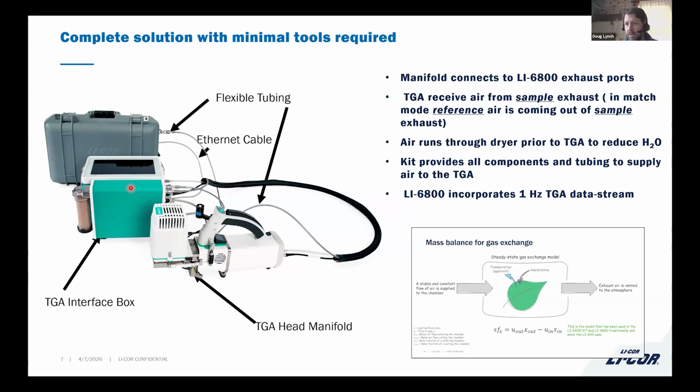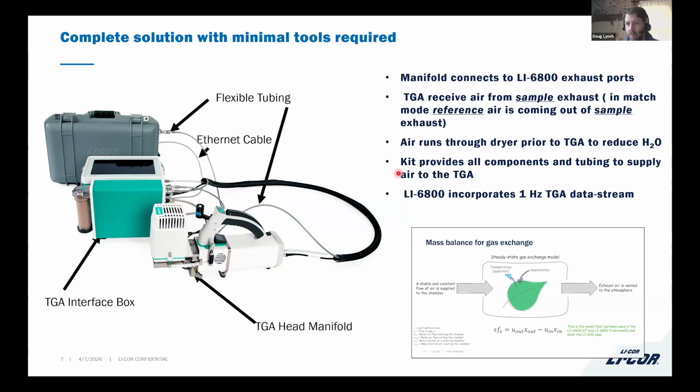What that box is doing is dealing with water vapor, which is a serious consideration here. And it also allows a user to incorporate a couple of calibration tanks, which can be important for these types of measurements.